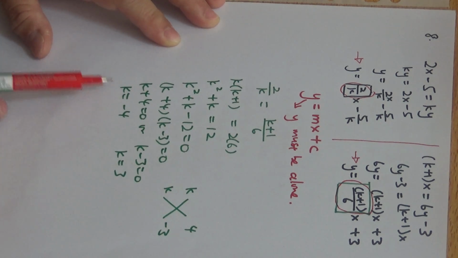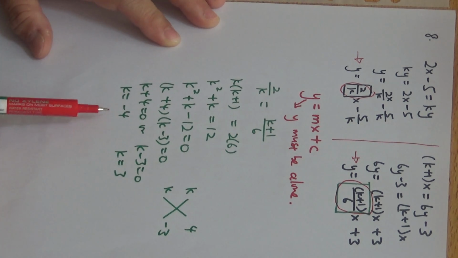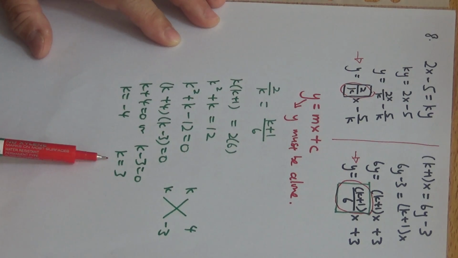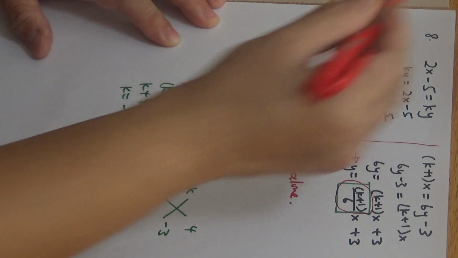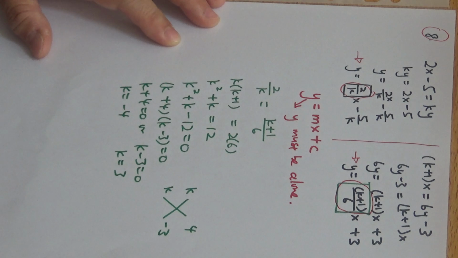So I will get k equals -4 or k equals 3. That is your answer to question 8 of exercise 4C. Feel free to pause and take down notes, and complete all this onto your foolscap paper.